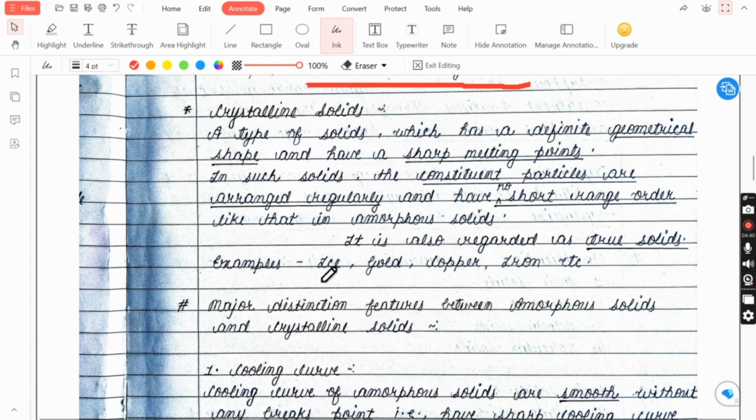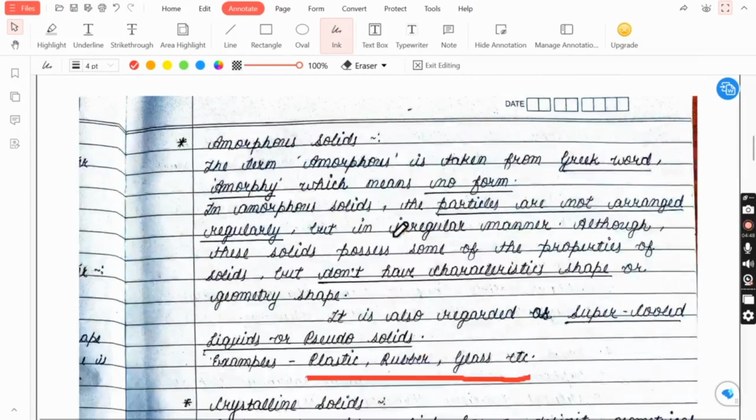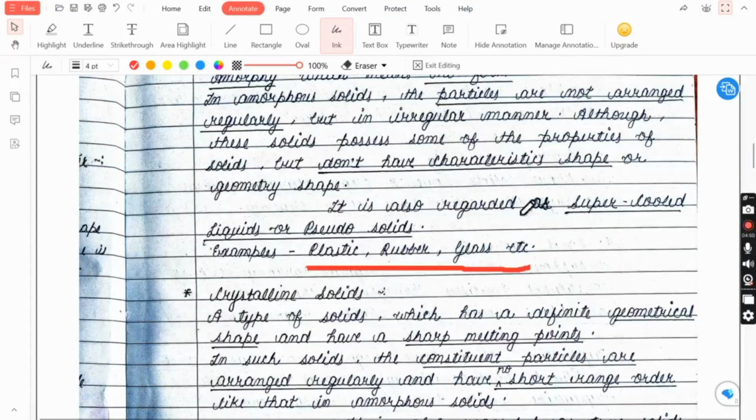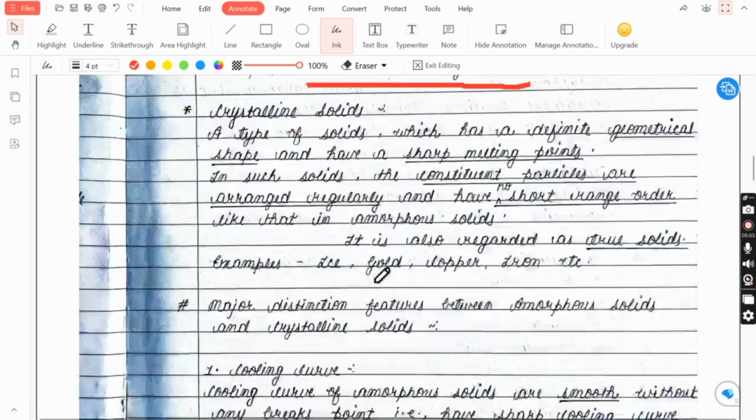Examples are ice, gold, copper, iron. These are termed examples of crystalline solid. I think these two will be very clear to you, amorphous and crystalline. You should keep in mind that amorphous is also known as supercooled liquid or pseudo solids, and crystalline solid is also known as true solid. These are the basic differences between crystalline and amorphous.